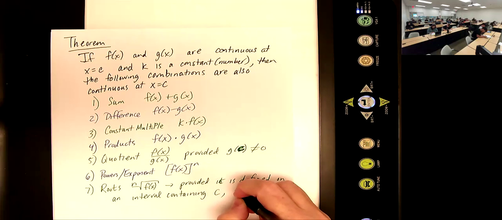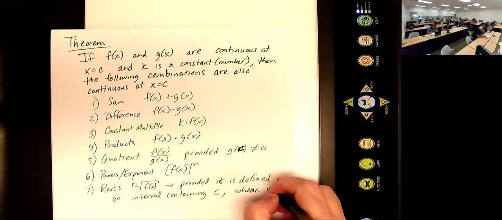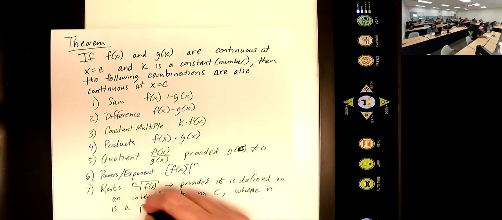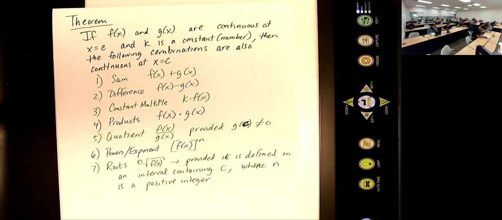And obviously, n needs to be a positive integer. We don't have negative roots, that seems silly.